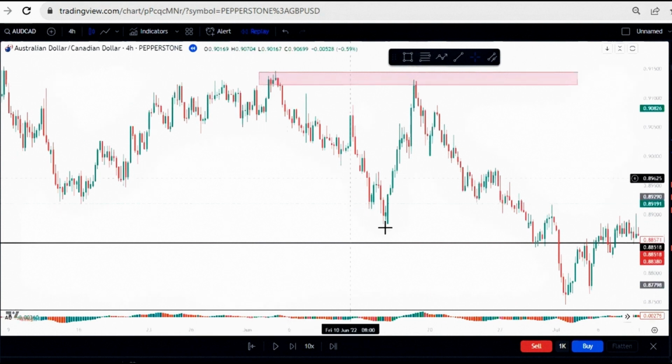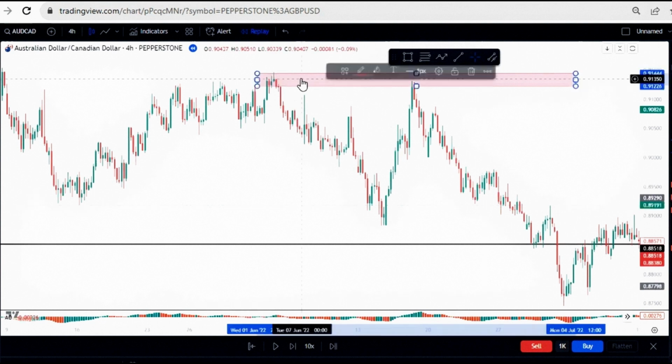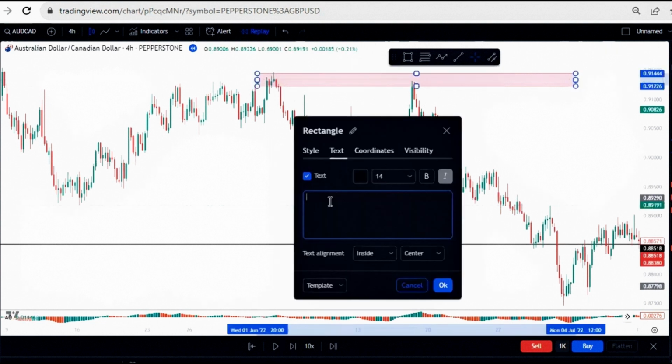Then the price started to go down, leaving this supply area here. So when the price returned back to this zone, you see the price continued to go down. So here what we have is a rally base drop supply.